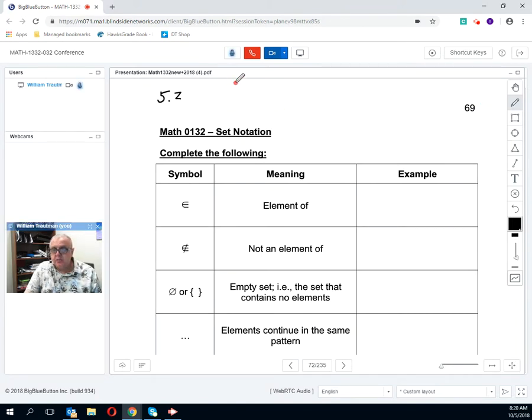Okay, so let's just take a look at the nomenclature first. Once again, you can just read this yourself, but this means "is an element of." Let's say I have a set of one, two, three.